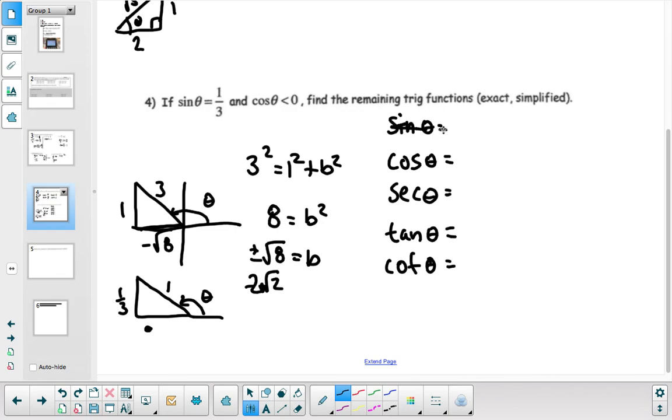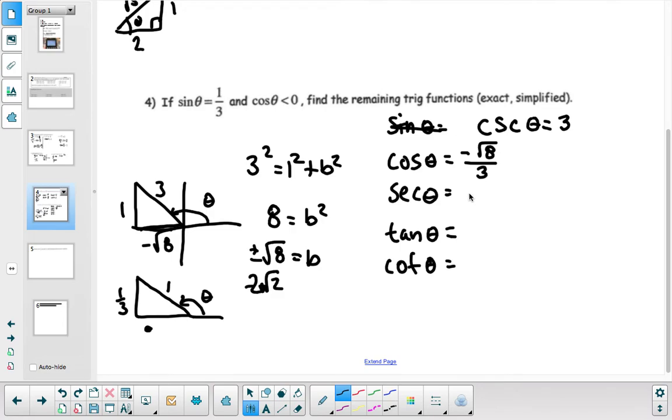Sorry, we need cosecant. Cosecant theta is going to be hypotenuse over opposite, or 3. Cosine is negative root 8, or negative 2 root 2, over 3.